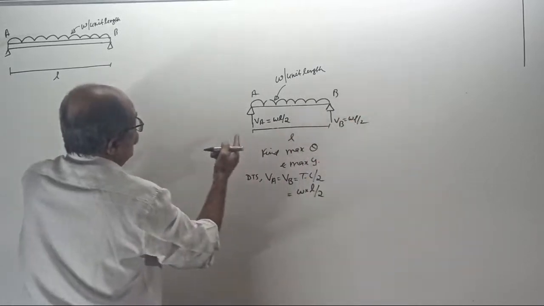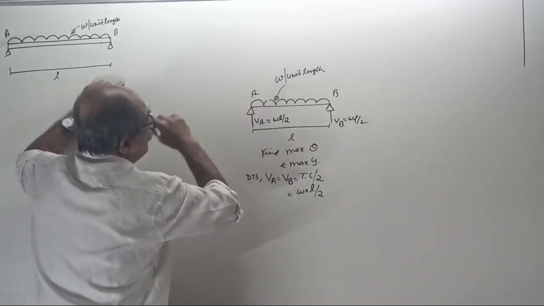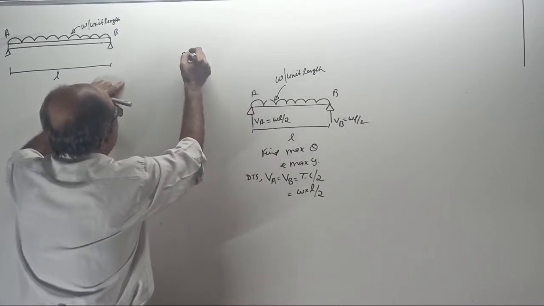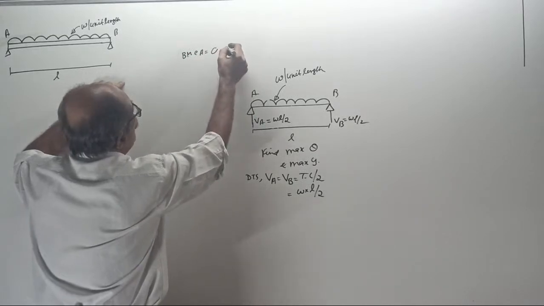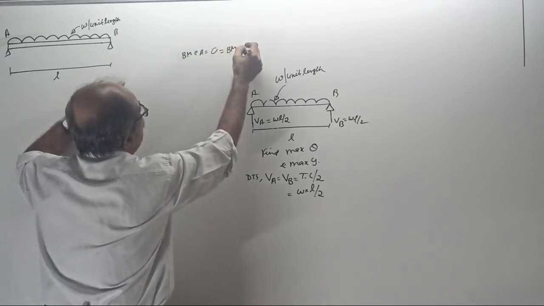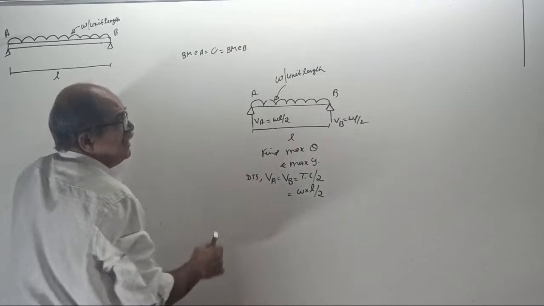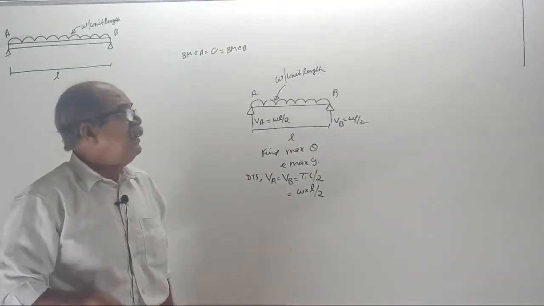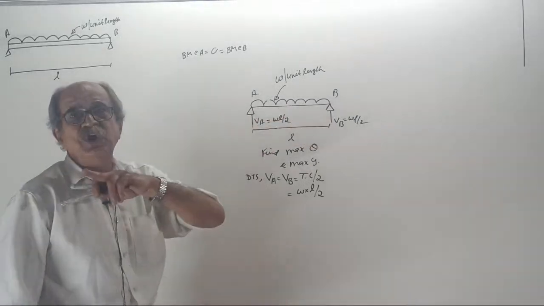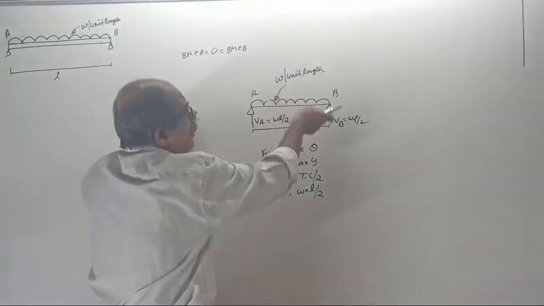Okay. Now draw BMD. Bending moment at A equal to 0, look this side, equal to bending moment at B, look that side. Then only two standard points, but be careful, A is 0, B is 0, so don't join. You have to join by a parabola. Why?